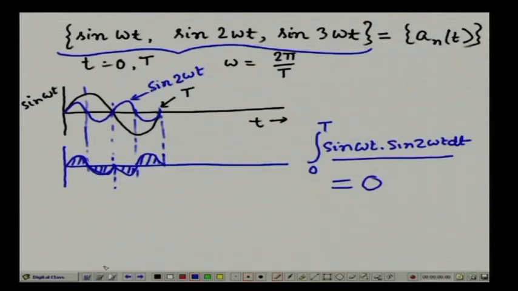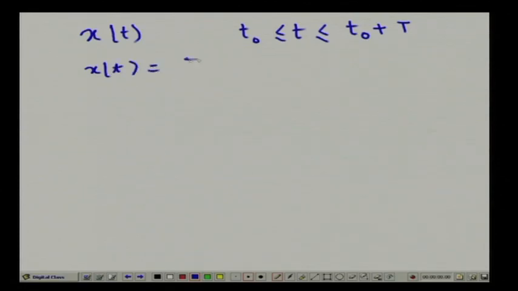Now, suppose we have an arbitrary real valued function x t, and this function x t we consider within the region t 0 less than or equal to t less than or equal to t 0 plus capital T. Now, this function x t can be represented as a series summation. So, we can write x t as summation C n a n t.